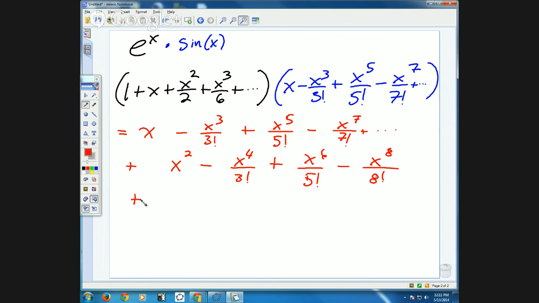X squared, so that's x cubed. Second term, I got 4 terms.